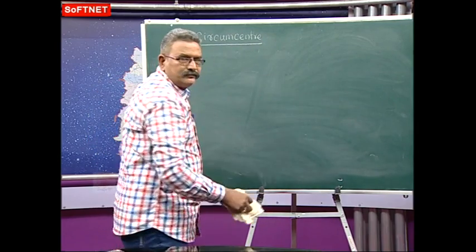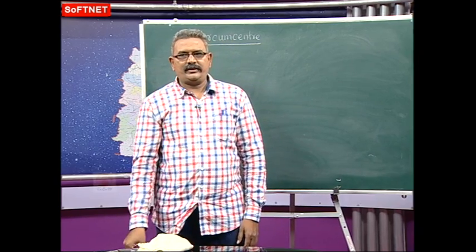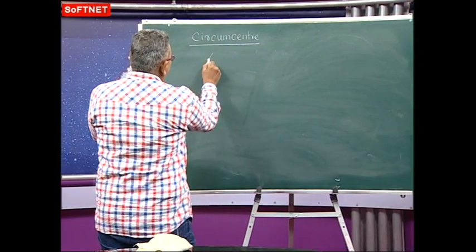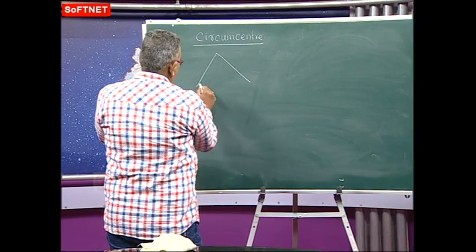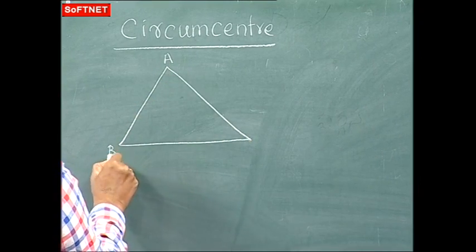Now let us have some more observations on the circumcenter. Take an acute angle triangle, say ABC.